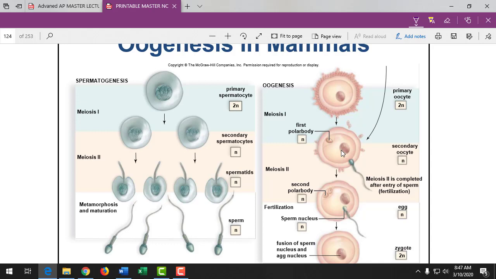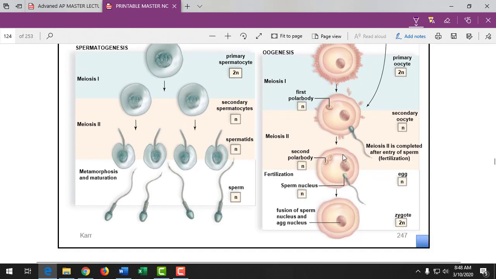And oftentimes, with the wrong number of chromosomes, if it's one of the larger chromosomes, like 1 through 18, those babies don't always survive. And people can have multiple miscarriages because of problems with anaphase 2 not happening correctly. So that's a unique thing that happens in females.